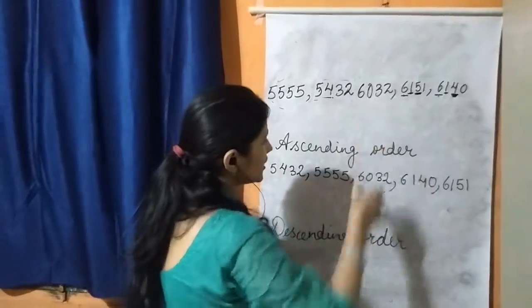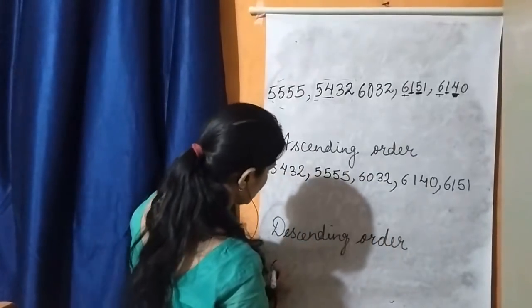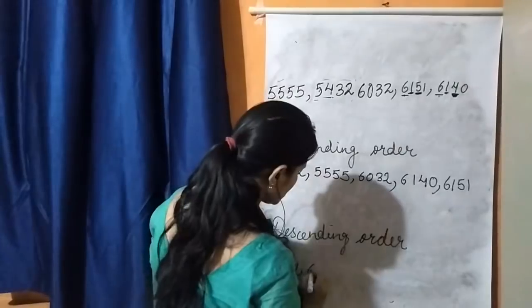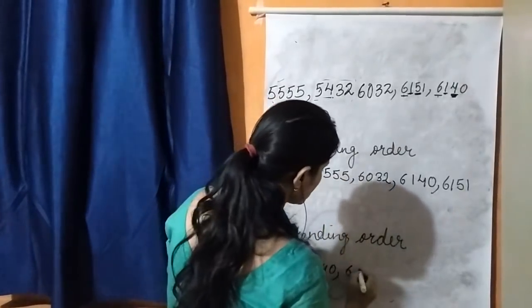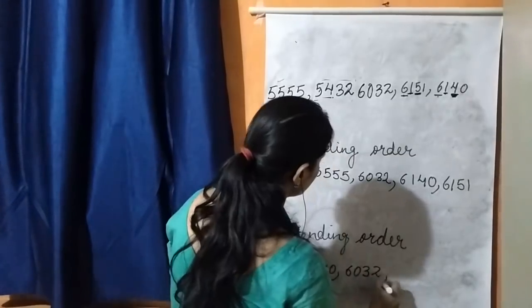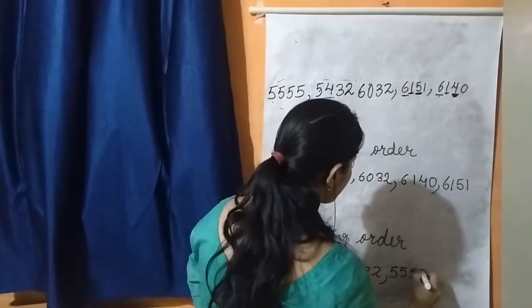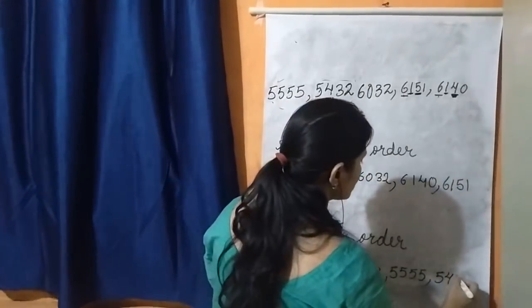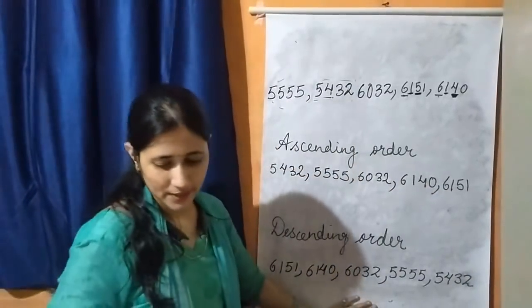We have already compared and our greatest number here is 6151, then 6140, then 6032, then 5555 and then 5432.